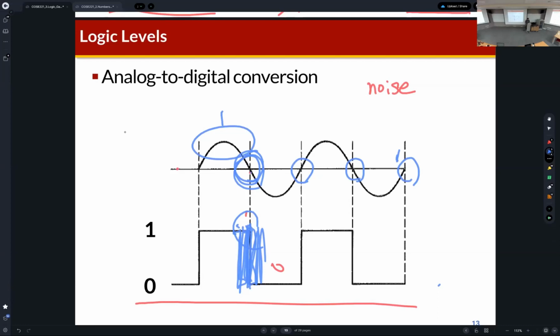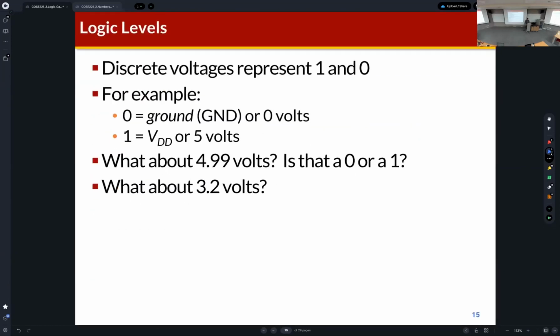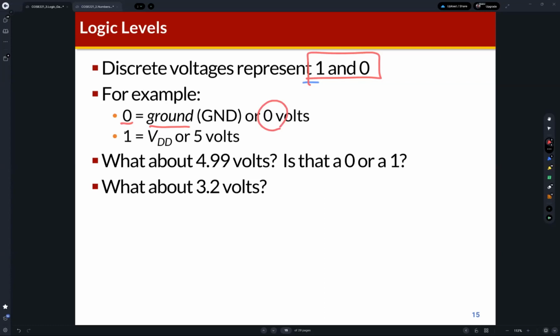If we consider the signal, I mentioned that the signal has only two values, 1 and 0. Usually 0 represents the ground, which means 0 volt DC, and 1 represents VDD, a high voltage.